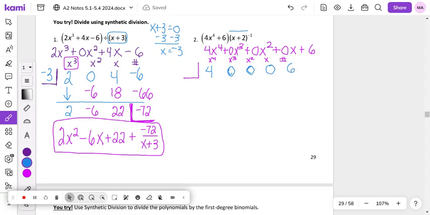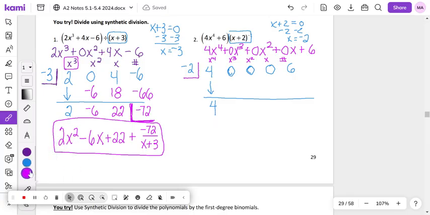We're going to take our x plus 2, set it equal to 0, and solve. So minus 2 minus 2, we get x equals negative 2. That tells us the negative 2 goes in the pocket. Now, we bring down our 4, as we always do.